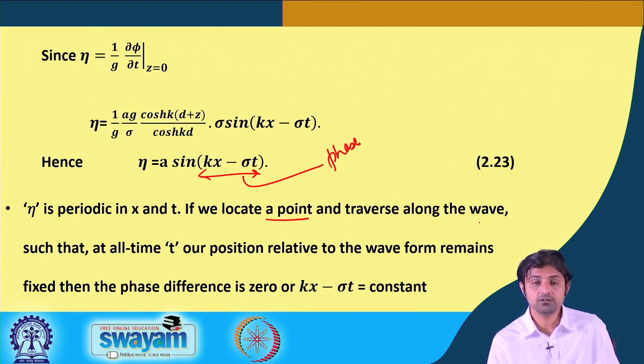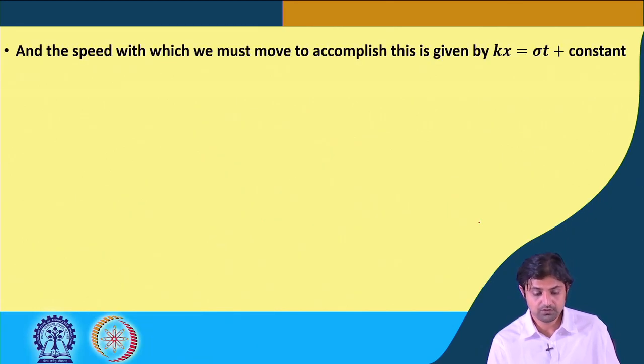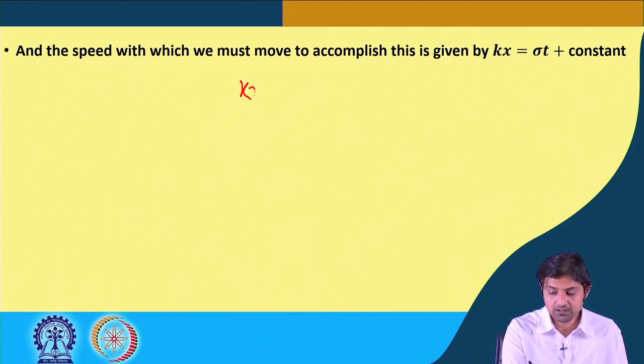The speed with which we must move to accomplish this will be given by kx minus sigma t is equal to constant, or kx is equal to sigma t plus constant, right.